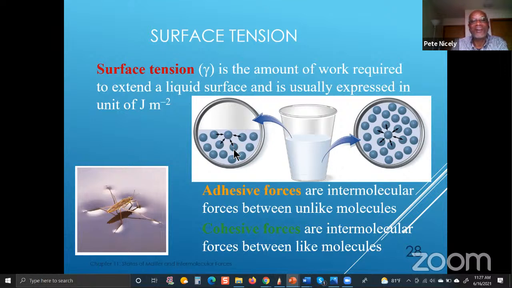And if the hydrogen bonding is strong in these cases, then basically more energy will be needed to separate these molecules at the surface, all right? Now here are two terms that you need to be aware of: adhesive forces and cohesive forces, right? Adhesive forces are intermolecular forces between unlike molecules, such as the forces that exist between water molecules. And then we have cohesive forces, which are intermolecular forces that exist between like molecules, such as the force that can exist between water and the surface of the glass container that they're in.